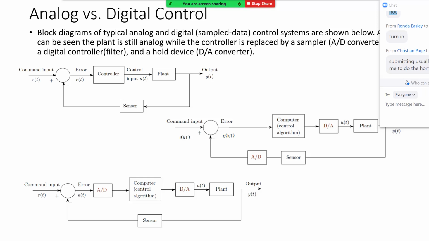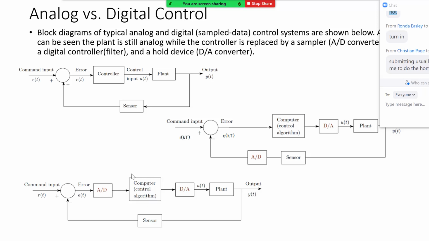And therefore, the computer is going to calculate the best signal that can be applied. And then I'm going to take that signal through a digital to analog converter, and then apply it to the plant. Make sense? So I'm replacing the analog controller that I have at the top here with an analog to digital converter, with an algorithm, with a computer.